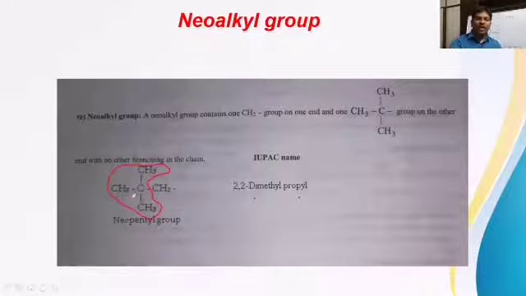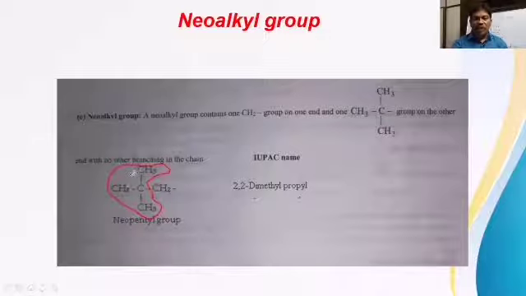C4H9 group is what? Butyl. And the free bond is on which carbon? 3 degree carbon. Within the circled area, this carbon is attached to how many carbons? 1, 2, 3. That's why it is 3 degree carbon, 3 degree carbon with bond. Free bond is what? Tertiary. So tertiary butyl group, this one.